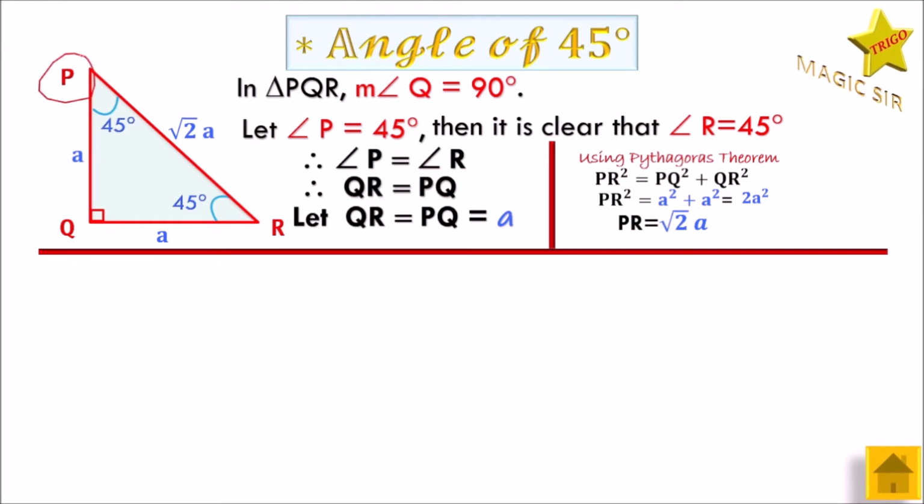So we can find trigonometric ratios either of angle P or of angle R. But we find the trigonometric ratios for the angle R. We have sin R is equal to PQ upon PR by definition.